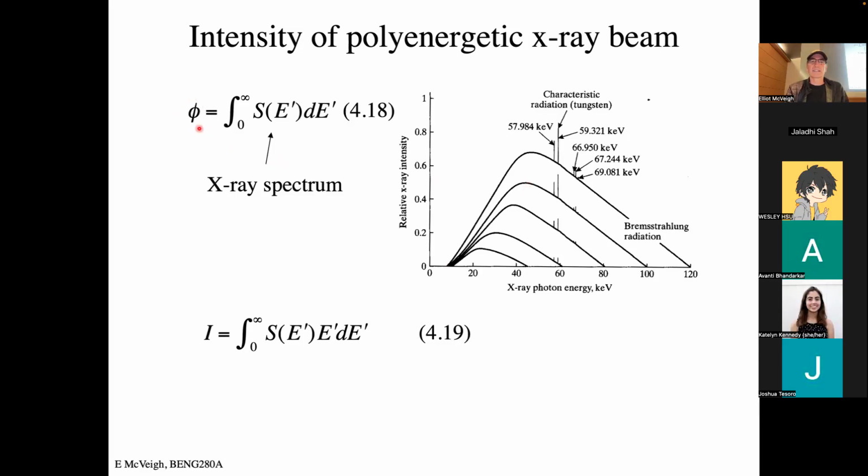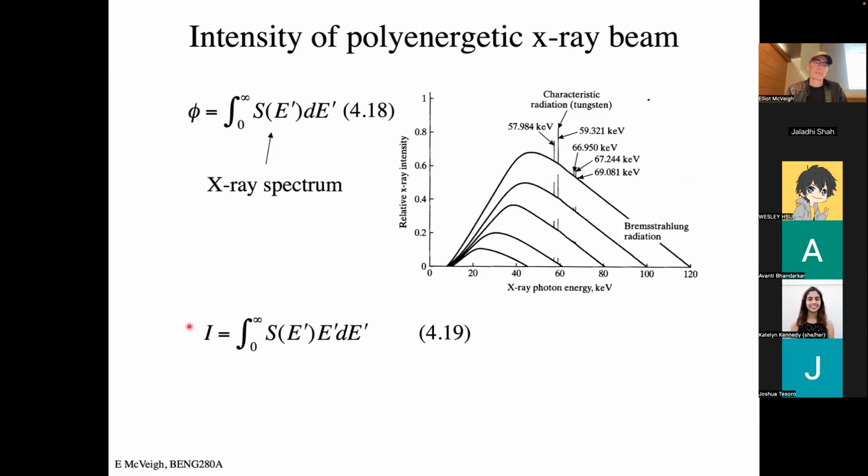In order to get the entire fluence, we can integrate all of the photons coming out at all energies. So this curve we're going to call S as a function of E, right? It's the relative numbers. And I can just integrate under that curve to get the total number of photons per unit time, per unit area coming out of my tube.